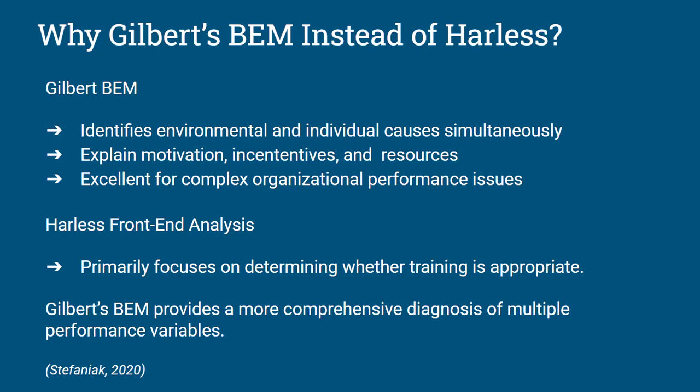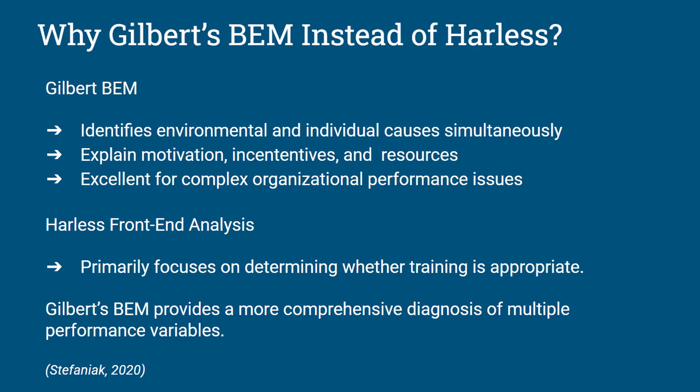Gilbert's BEM examines both environmental factors such as information, resources, and incentives, and individual factors including knowledge, capacity, and motivation. This makes it possible to identify causes of performance issues rather than assuming the problem is related to employee skills alone. By comparison, Harless's front-end analysis is primarily designed to determine whether training is an appropriate solution.